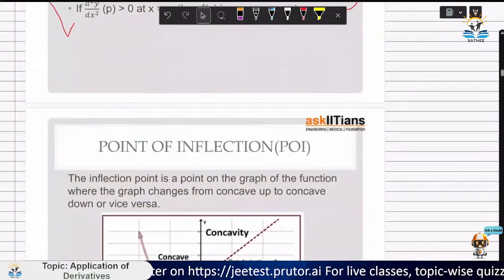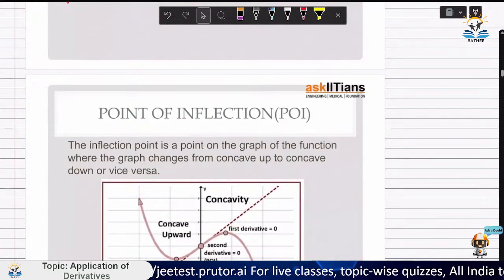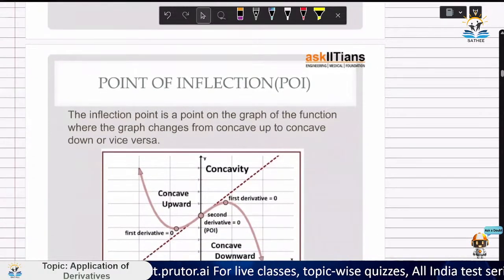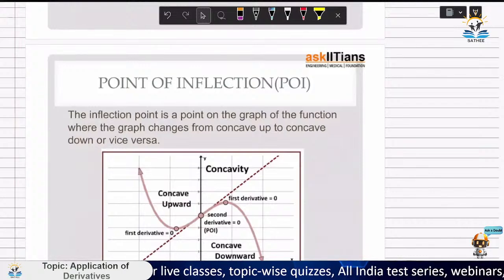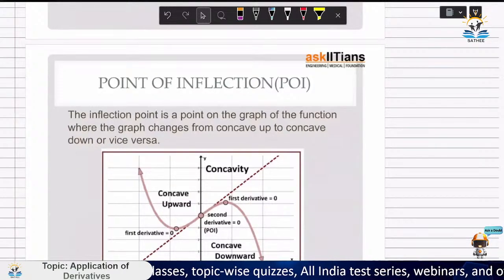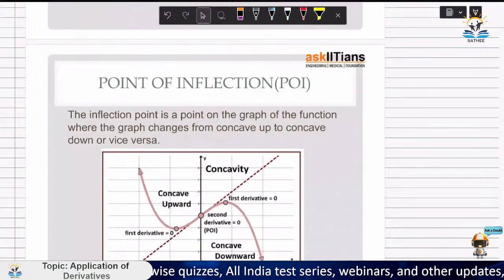Next, what we have is the point of inflection. This is very interesting. A point of inflection is where the graph changes its concavity.